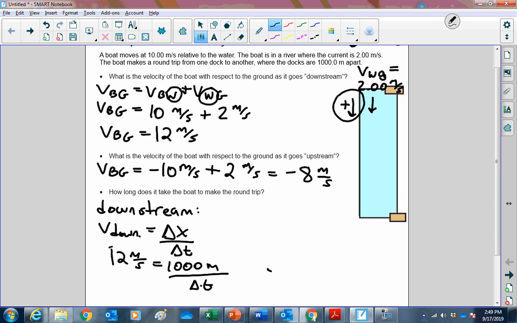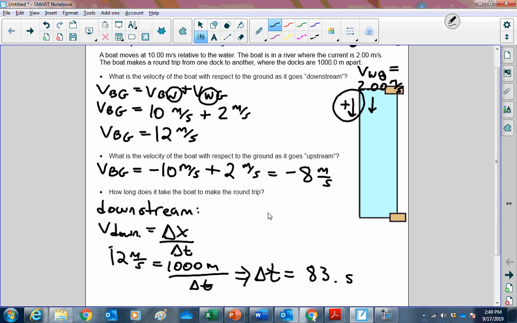When I solve for time, I end up doing 1,000 over 12, which gives me about 83 seconds.